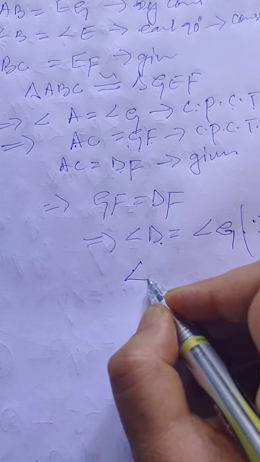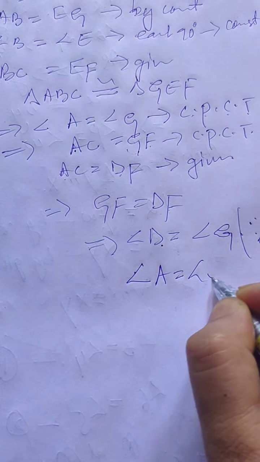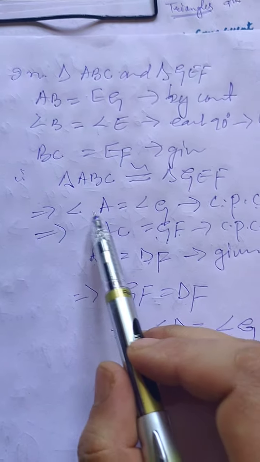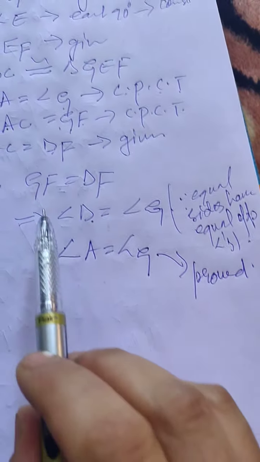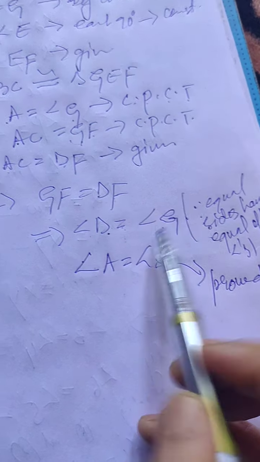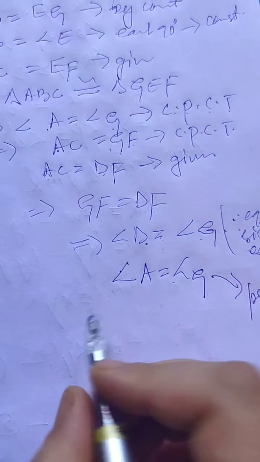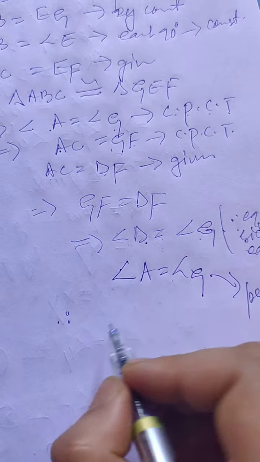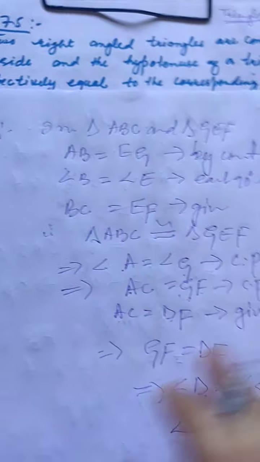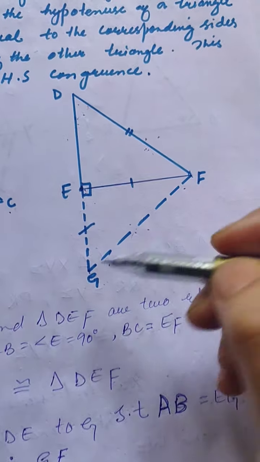I have already proved angle A is equivalent to angle G. Here I have already proved angle D is equal to angle G. When I combine these two conditions, this gives me angle A is equal to angle D. I will show you in the figure here.